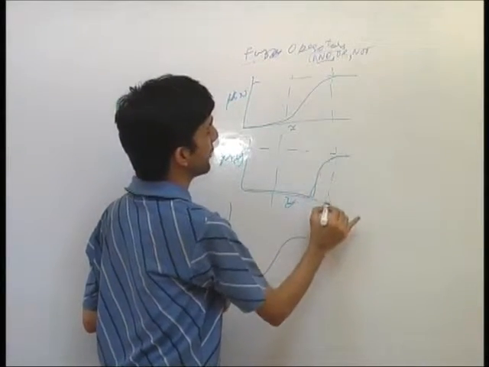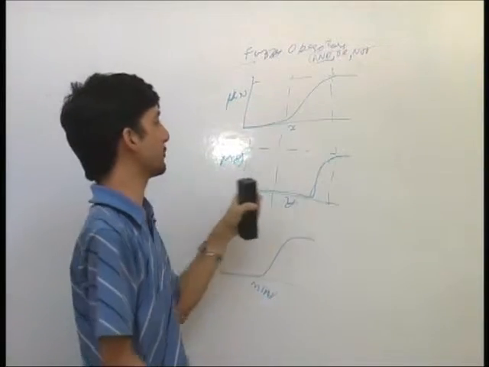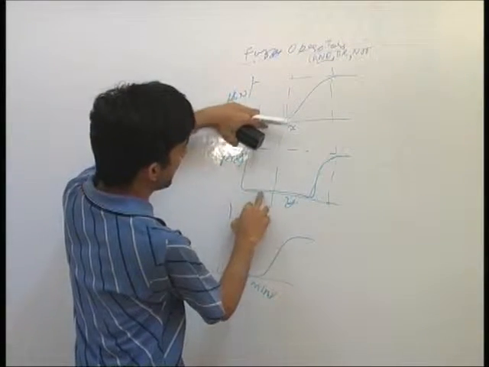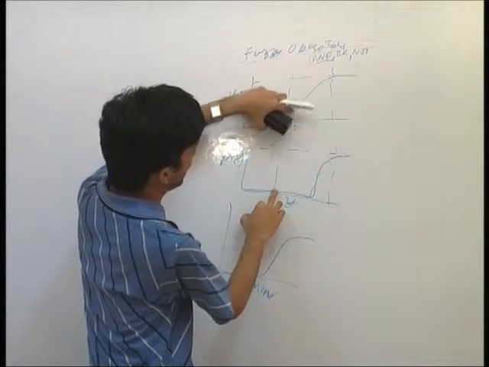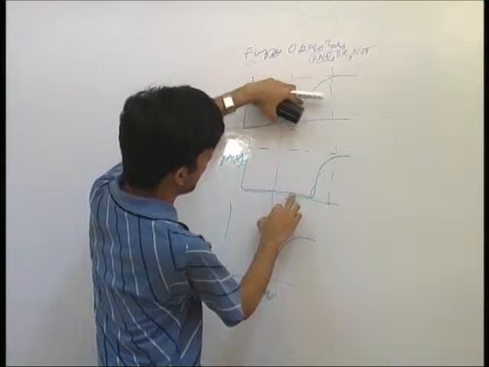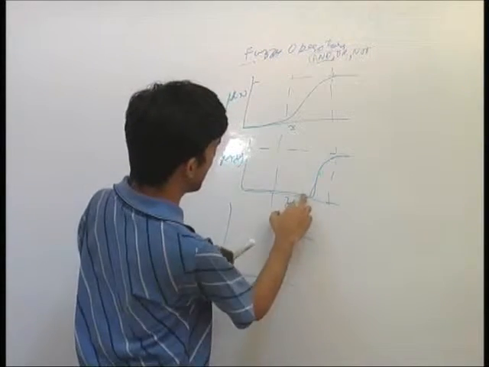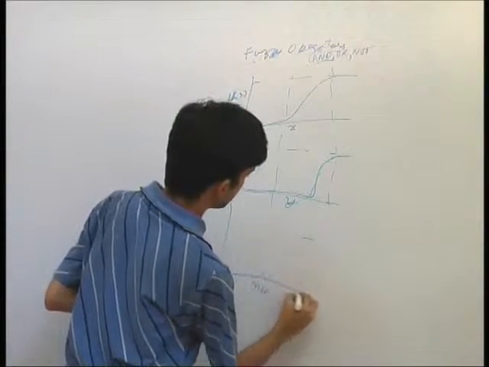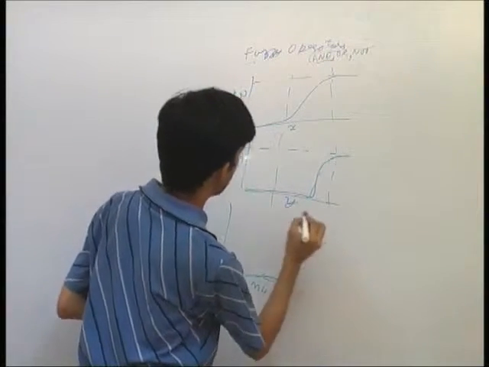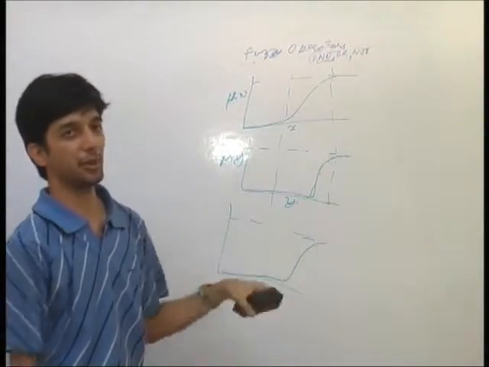I'll draw these grid lines for the sake of clarity. This was always lower than this in terms of y value. They all started from 0 and started rising, but then I take the minimum of this and this, which is nothing but this. I go up still here, the minimum of this and this is nothing but this. It will be exactly the same curve. This was when I take the min operation.